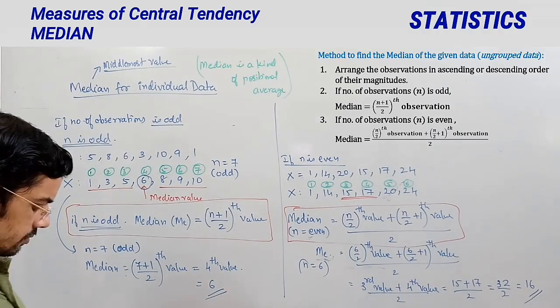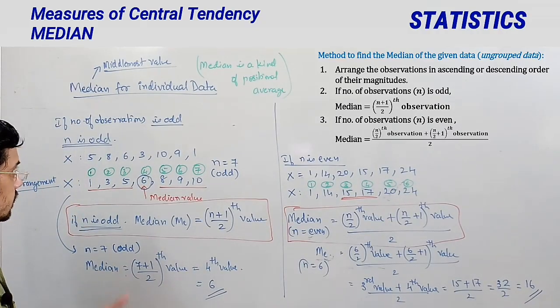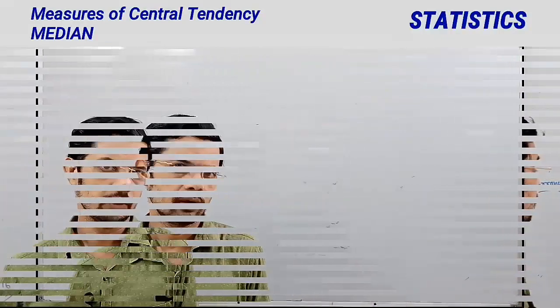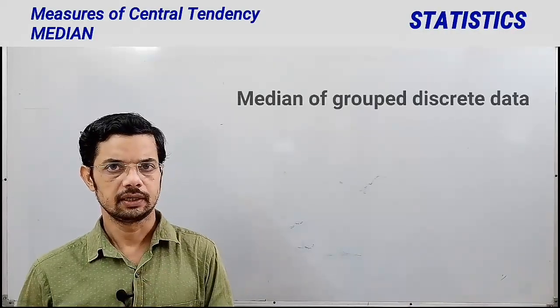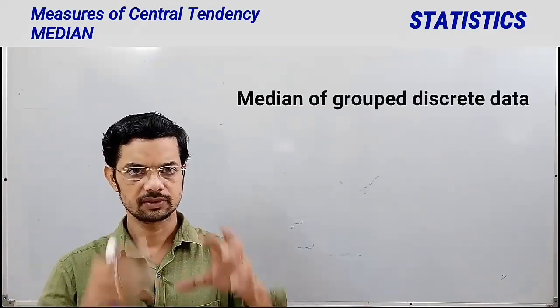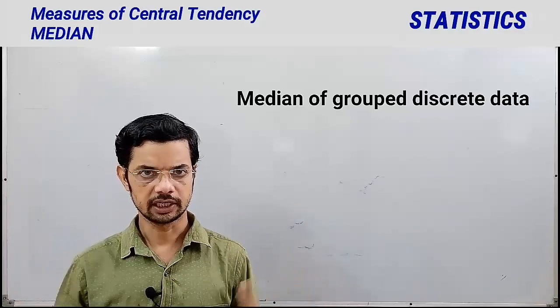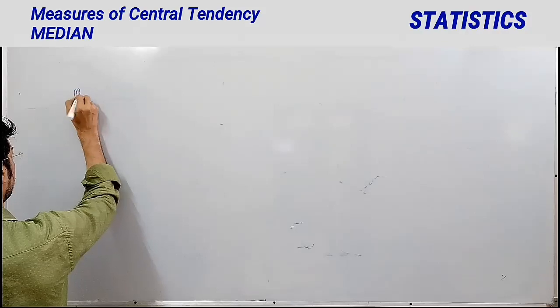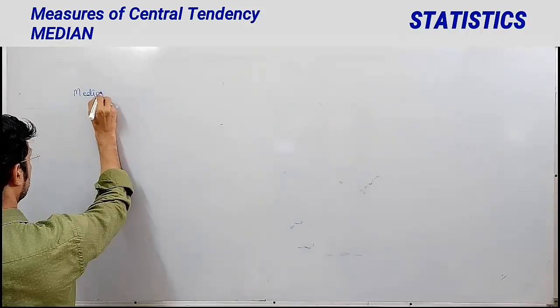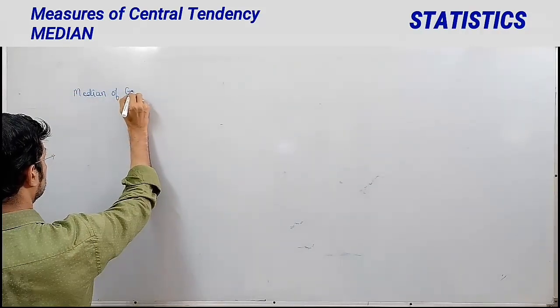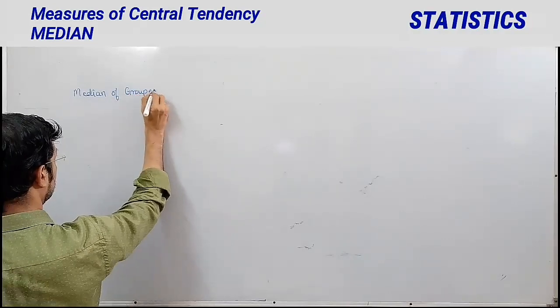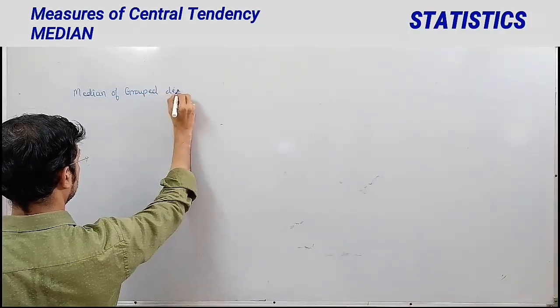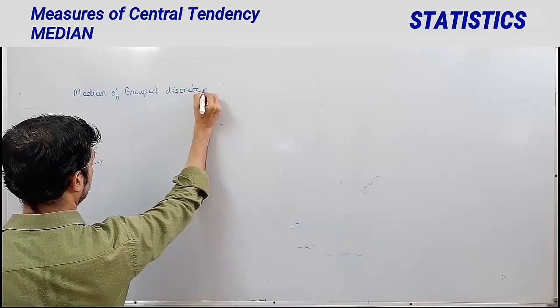And we shall move on to the next case: how to find the median of grouped data in case of a discrete series. Discrete means separated values, not continuous. So, median of grouped discrete data.